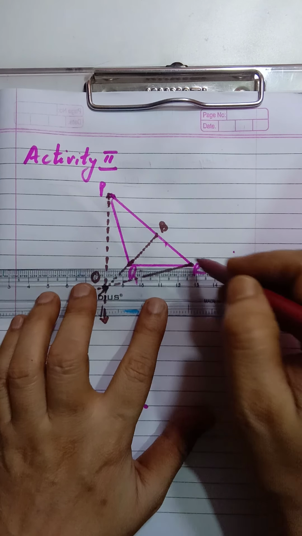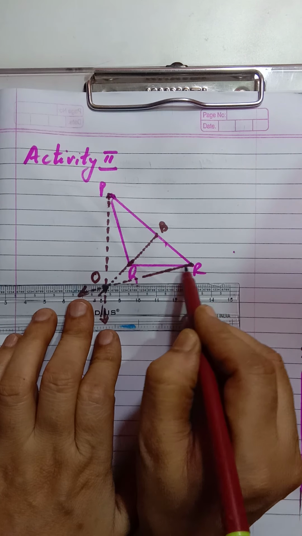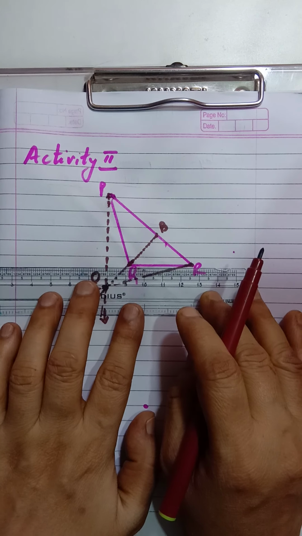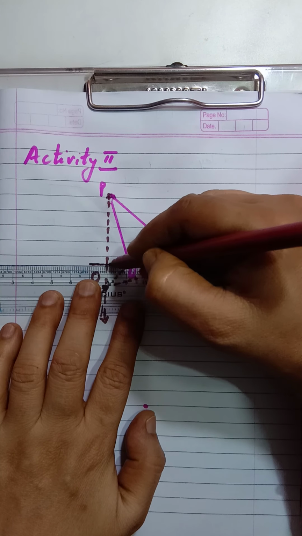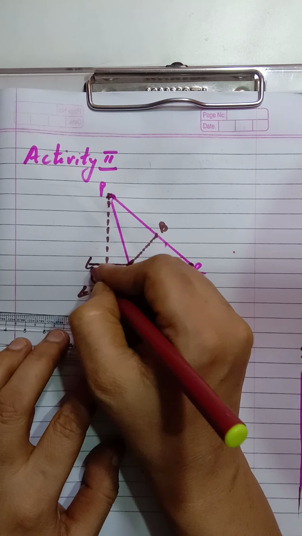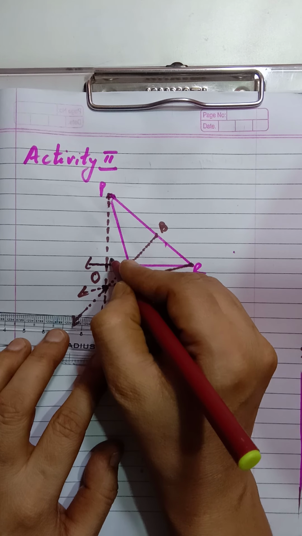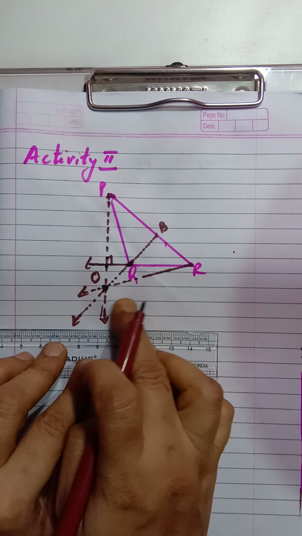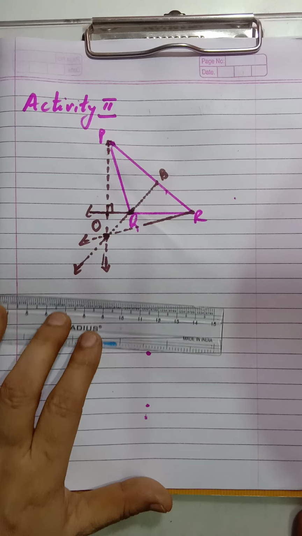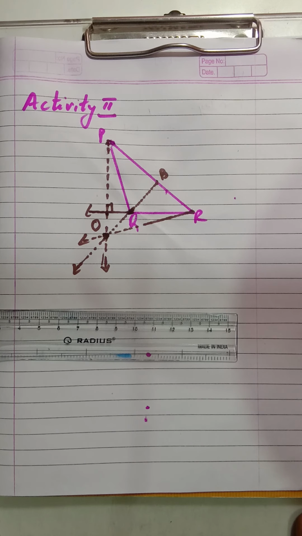Here if you want, see children, QR is also a perpendicular. If you want, you can extend, which is already extended, it is shown in your textbook, but then we will not be using this. Why? Because we want the orthocenter. So we have taken the other perpendicular segment we have drawn, so that is the altitude.